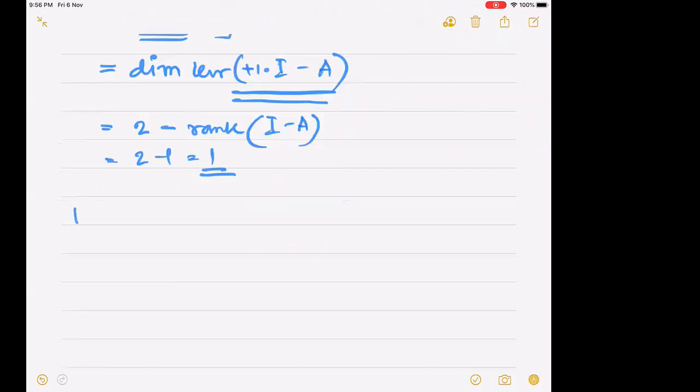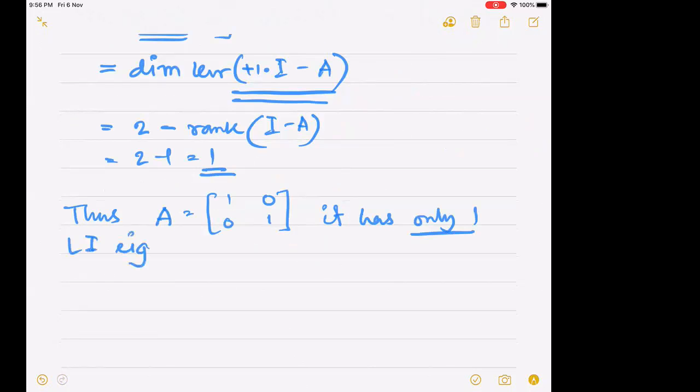Thus, although it's a 2 by 2 matrix, it has only one linearly independent eigenvector. Of course, eigenvectors are infinitely many in this case, because any multiple of an eigenvector is also an eigenvector.